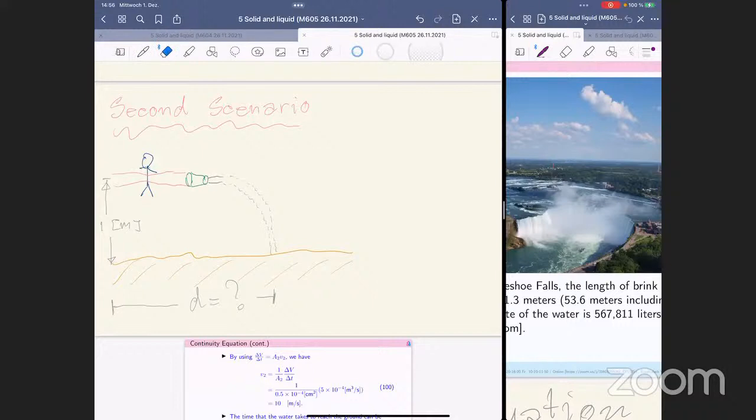The distance is measured from the starting point of the water out of the nozzle, right? So it's gonna be here. Yes, we get the distance here.